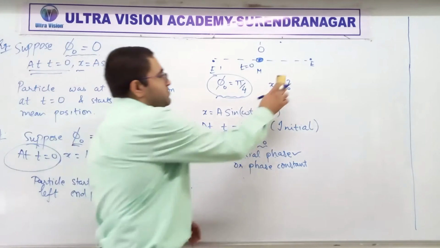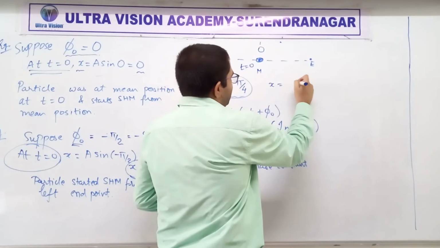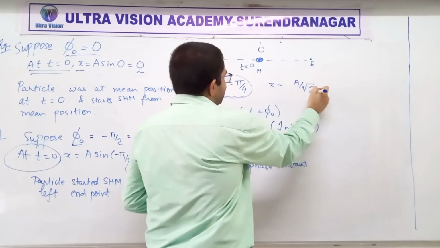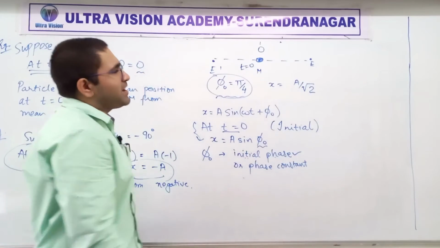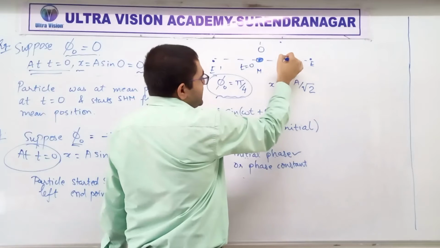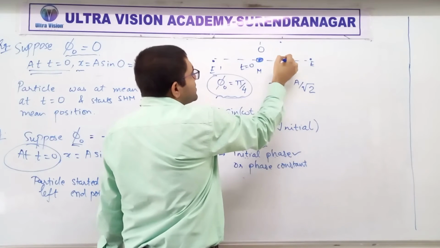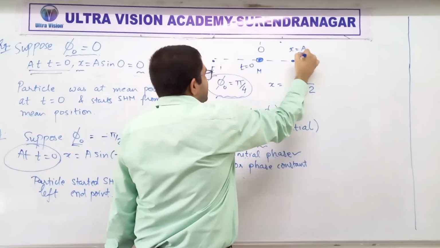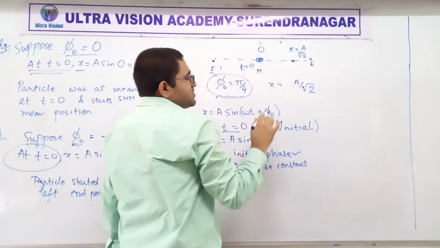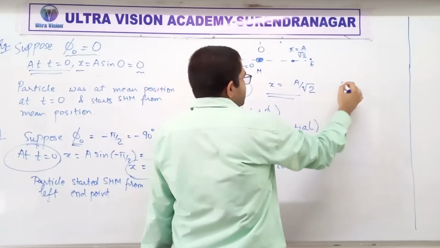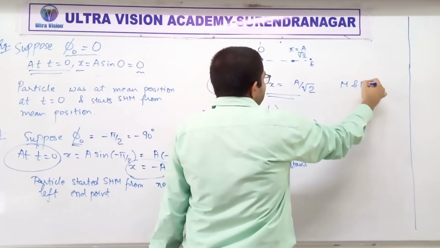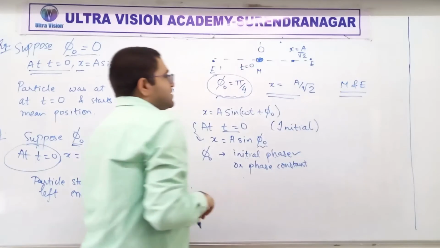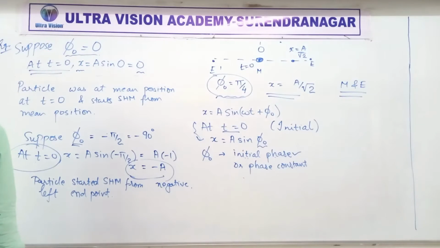So this would be at x equal to a by root 2. Is that clear? X equal to a by root 2 will come on the positive side, somewhere over here. This is where you will get x equal to a by root 2. So x equal to a by root 2 falls between m and e, somewhere between m and e. Understood?